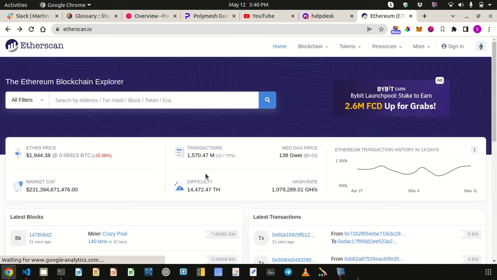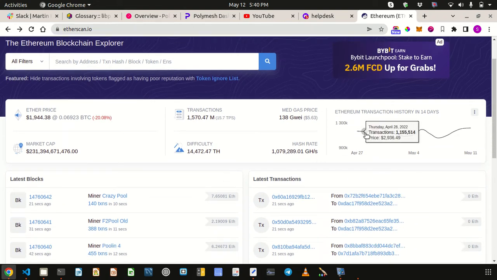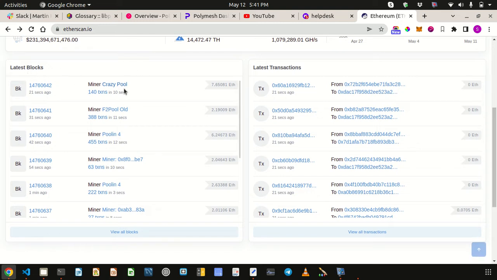These are some information about some technical aspects of the blockchain, and then you can see the transaction history in 14 days. So this is the number of transactions that have been executed recently, and then you have some lists, for example, the latest blocks.